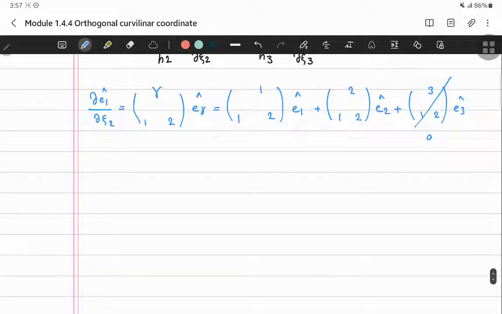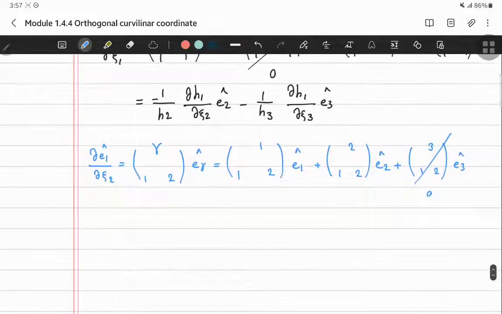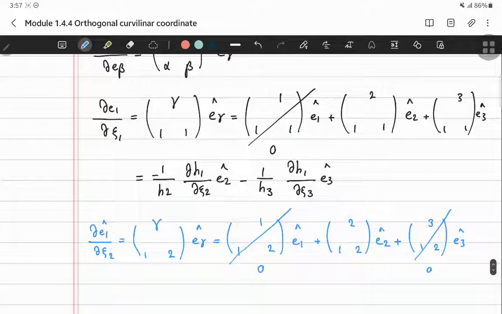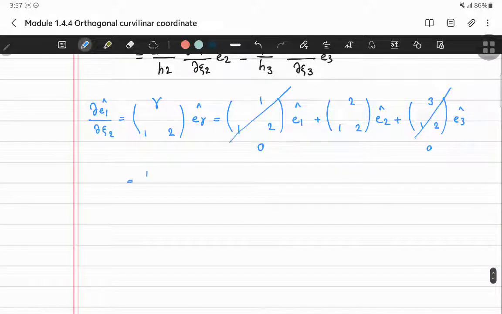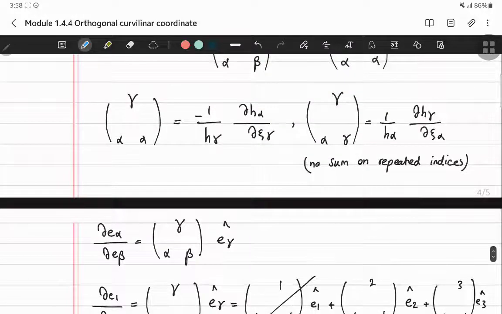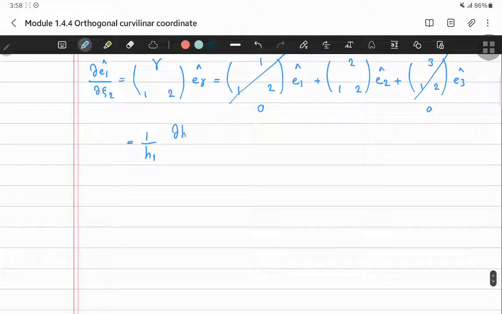And 1 1 2, this one is also 0. The remaining is this 2 1 2, like this case. It is 1 divided by h alpha, it is h1, times this term. Gamma is 2. And then we have z1, e2.